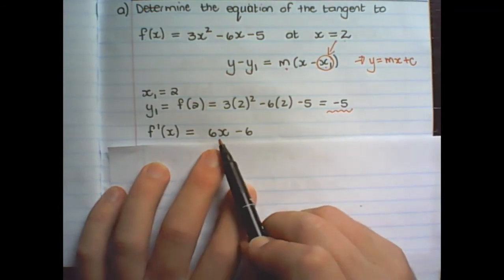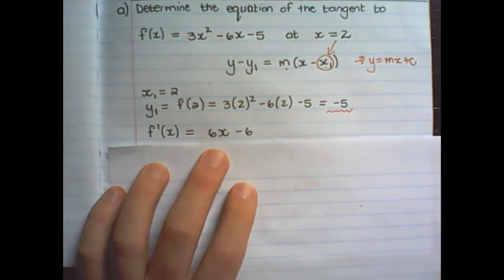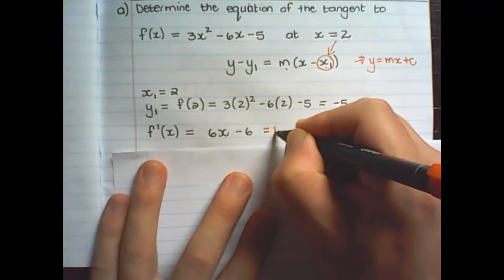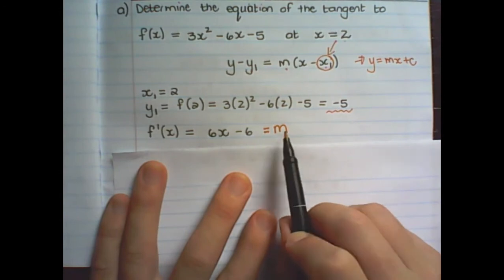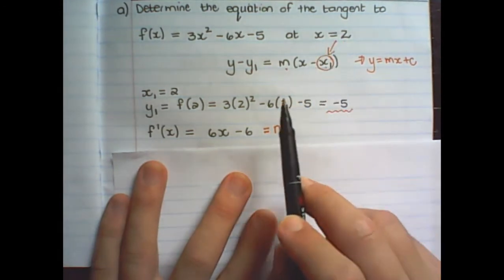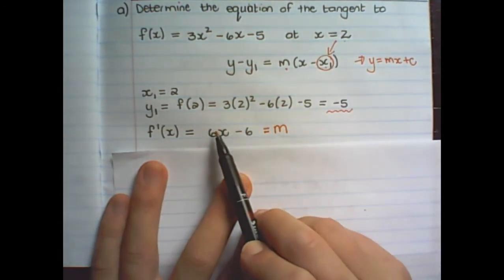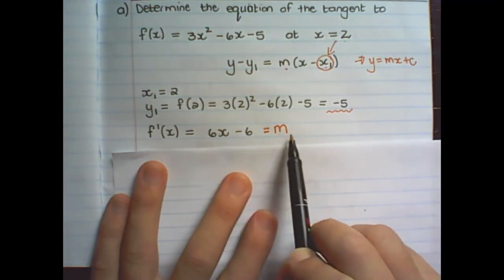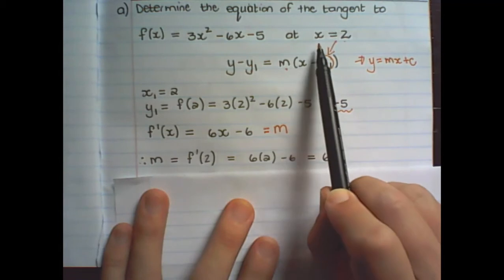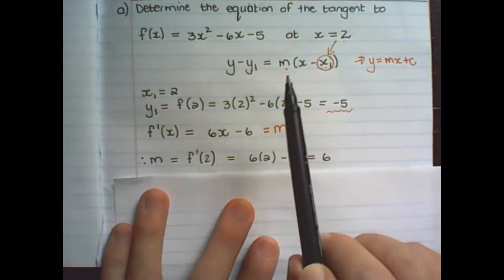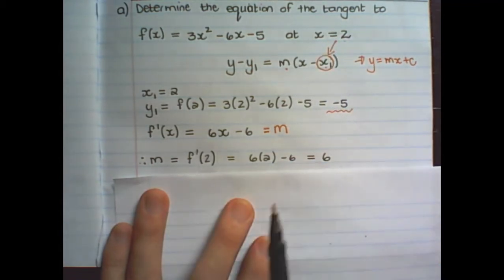We discussed how to differentiate in the previous lesson. Now I have a formula for the gradient, and we want to find the gradient where x is equal to 2. So I'll substitute 2 into this equation for the gradient. Therefore, the gradient of the tangent line where x is equal to 2 is equal to 6.